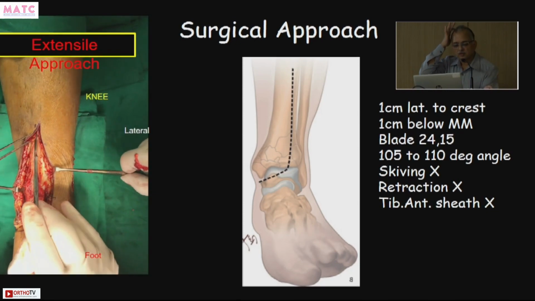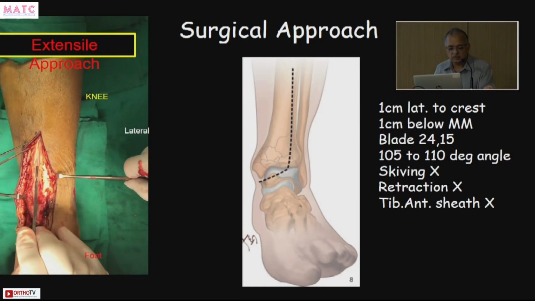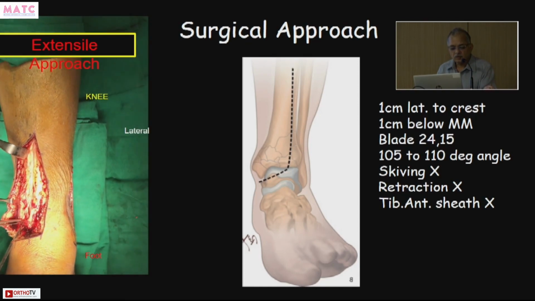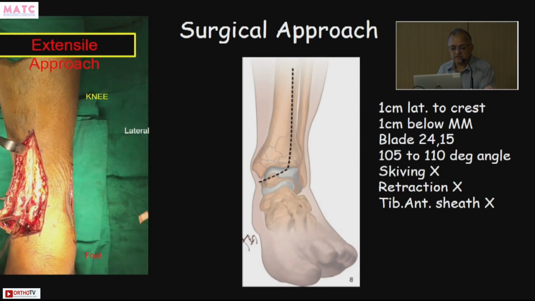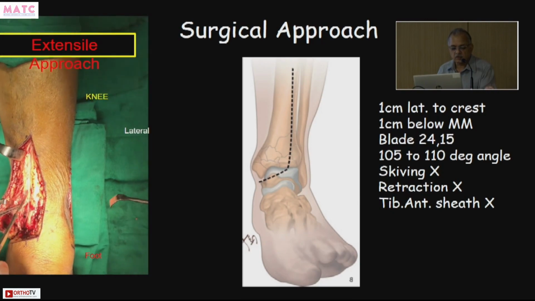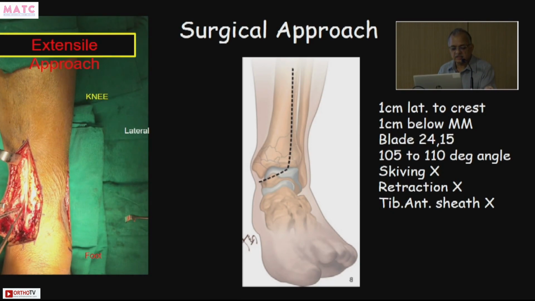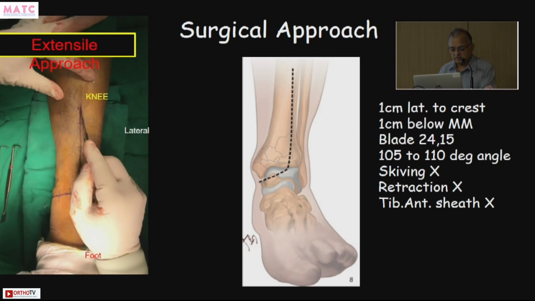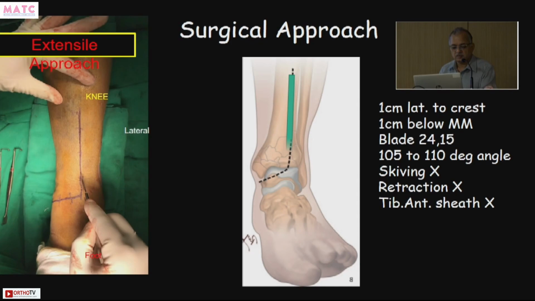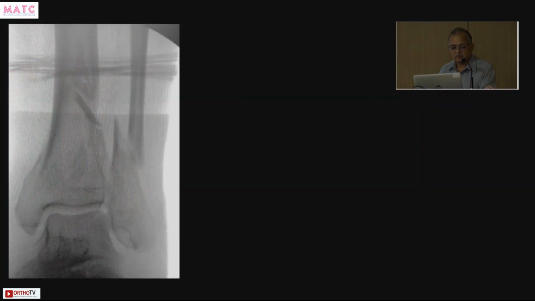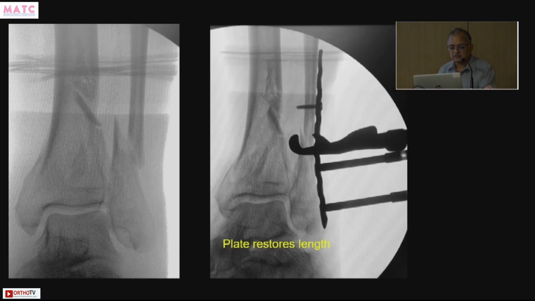So there is nothing on the medial side. You can go directly over the periosteum, and you have the entire exposure of the distal tibia and the plafond. Incising the periosteum, and so that is a fracture.